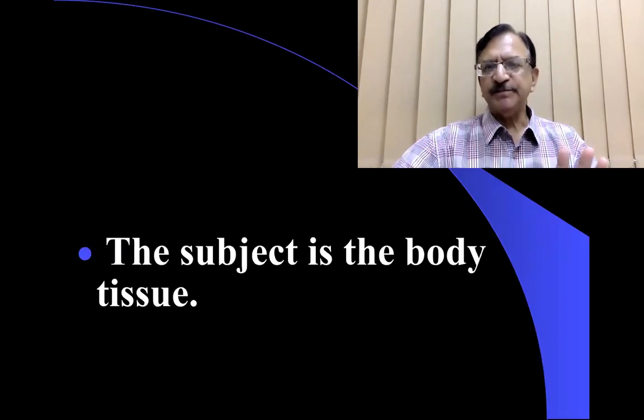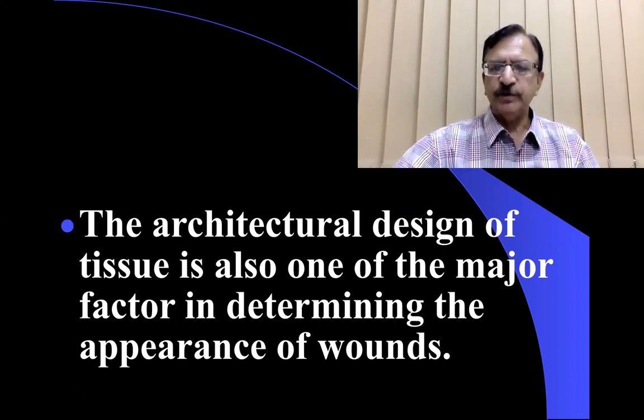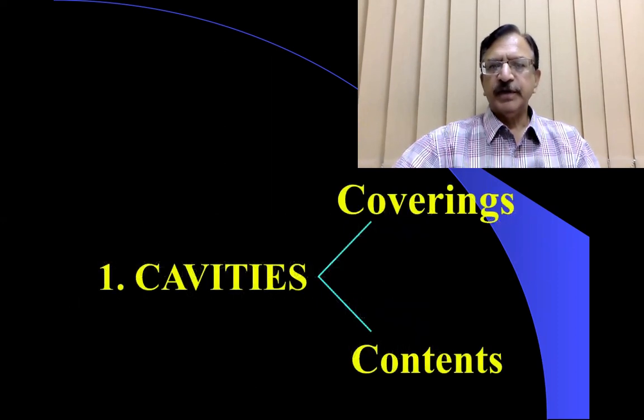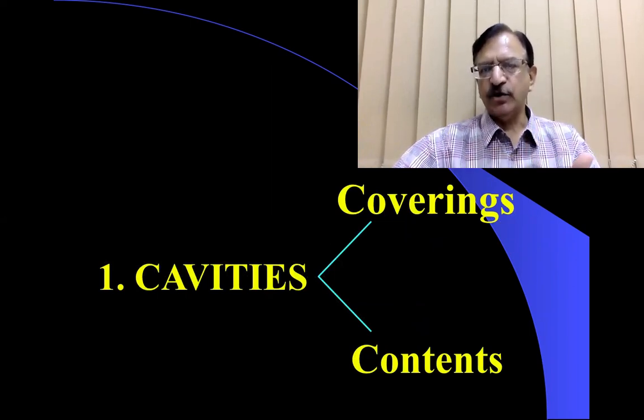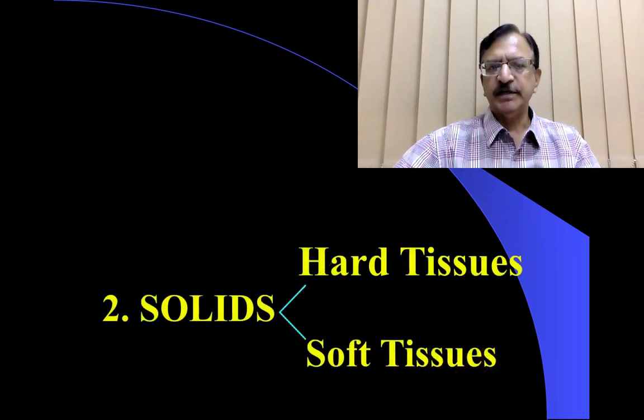As we know, the subject is the body tissues, and the architectural design of tissues is one of the major factors in determining the appearance of a wound. The body is made up of cavities. Cavities have coverings and there are contents within the cavities.